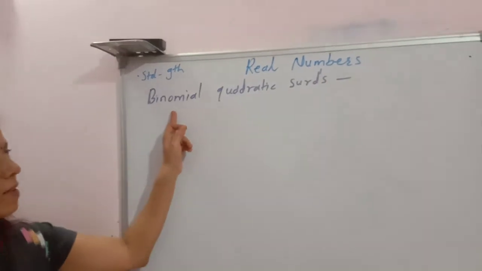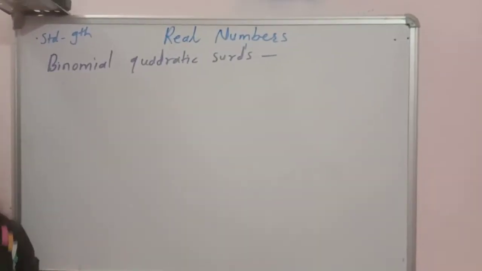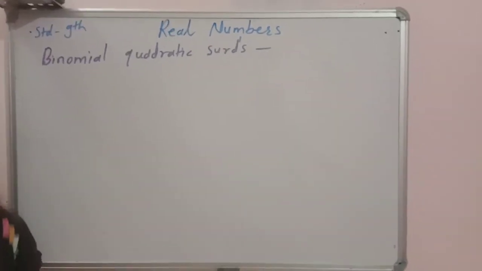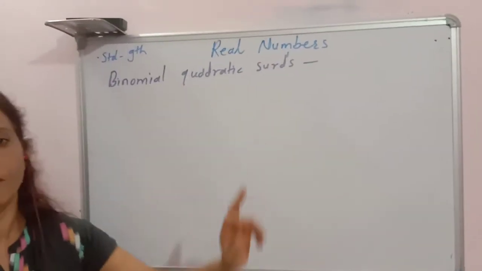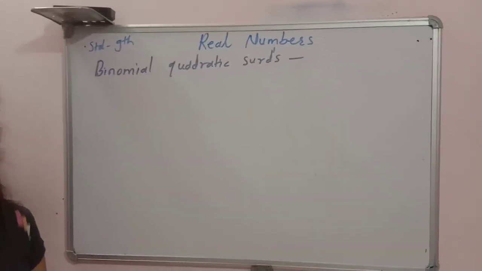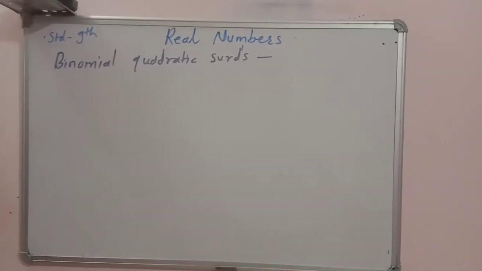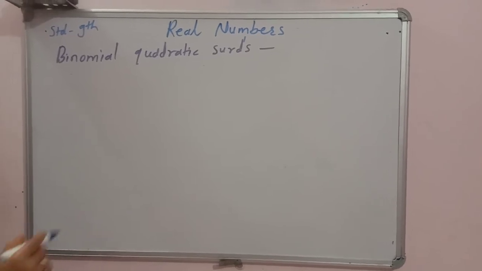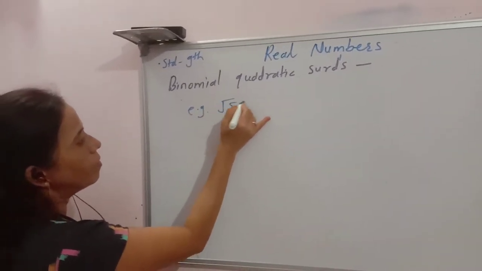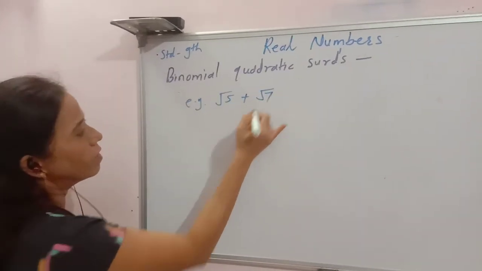And the next topic is binomial quadratic surds. You know the meaning of binomial, that is having two terms. Here, having two surds. The two numbers may be two surds, or one surd and one positive rational number. For example, root 5 plus root 7.